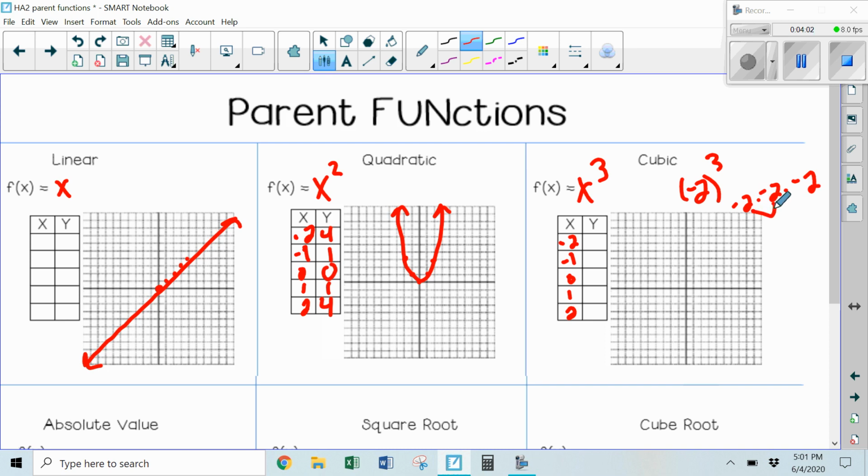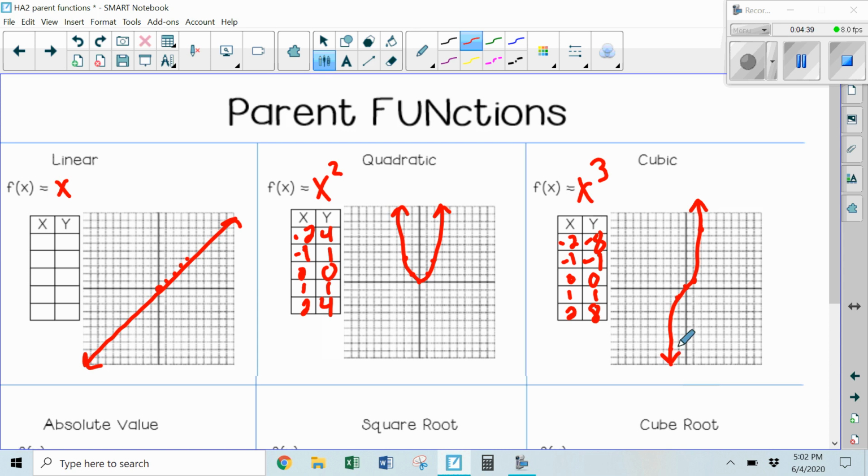Well, -2 times -2 is 4, times -2 is -8. -1 times -1 times -1 is -1. 0 cubed, 1 cubed, 2 cubed. Plot those points, and it's going to get connected to look something like this.